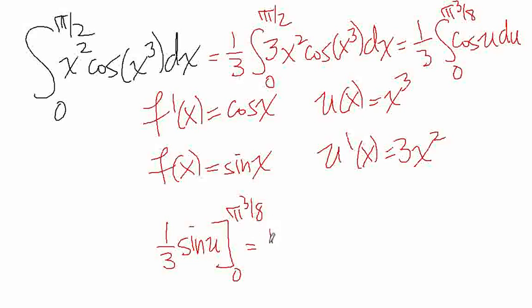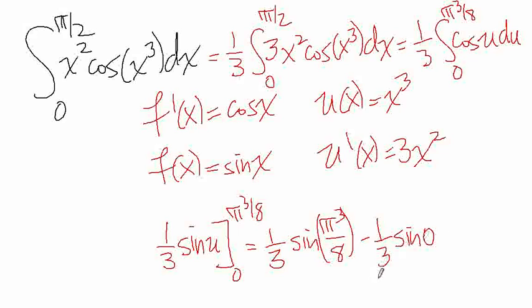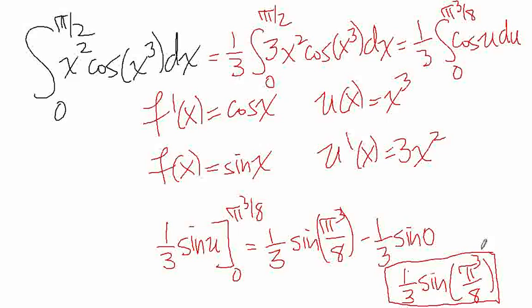And that gives 1/3 the sine of pi cubed over 8 minus 1/3 the sine of 0, which is 0. So putting it all together, simplifying, we get 1/3 the sine of pi cubed over 8 as our final answer.